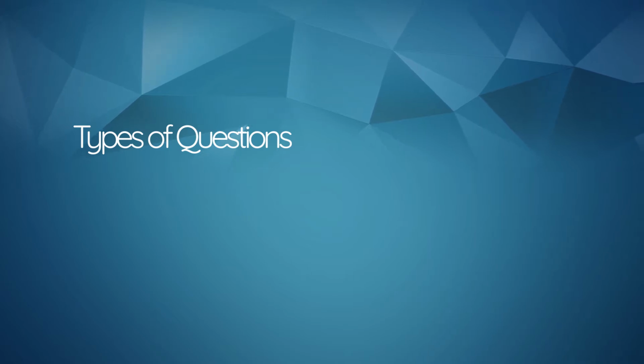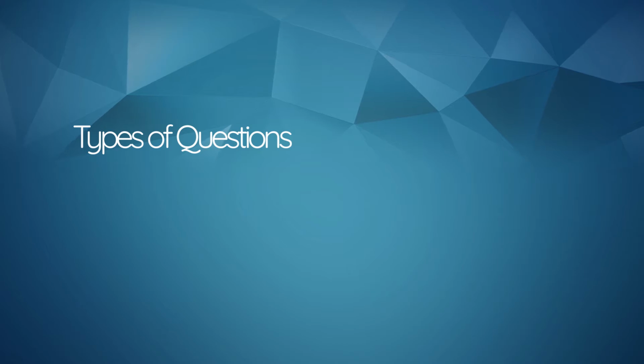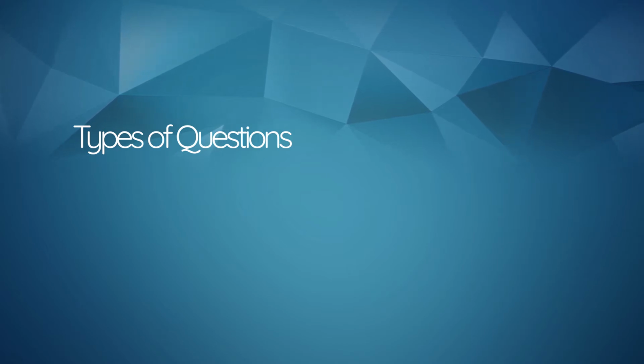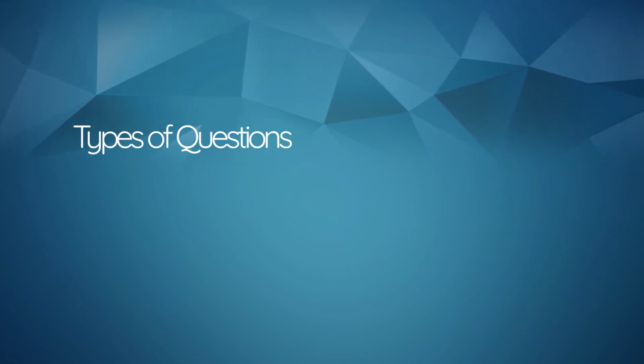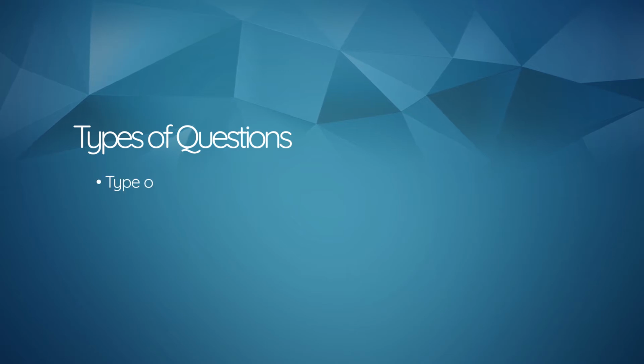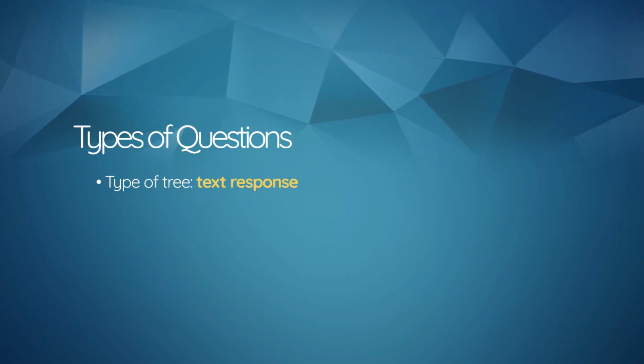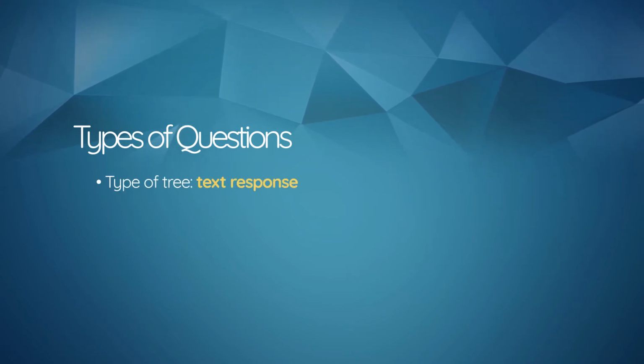Essentially, your data collection form will be a set of questions that you want to have answered in the field. Fulcrum has several types of questions that can be asked, differentiated by the expected type of response to each question. For example, if you want the data collectors to record the type of tree found at a specific location, this would be a text response.